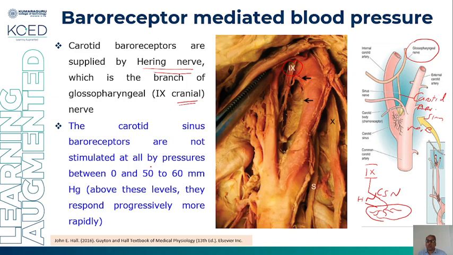It can sense the pressure equal to or greater than 50. If the pressure is more than or equal to 50, then this nerve ending is very sensitive. It will sense the pressure and the information will be passed to the brain. If it is below 50 mmHg, this nerve is not sensitive.